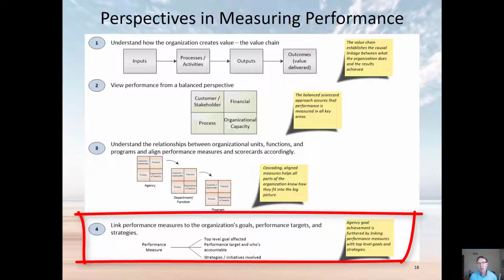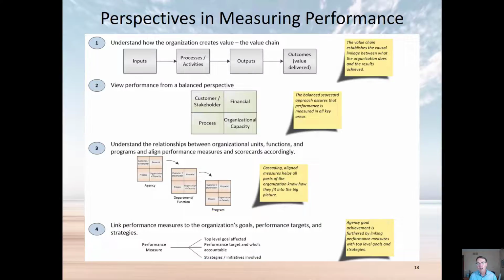You've broken down the performance measure to a target and who's accountable for that, and the strategies and initiatives involved. So it's another set of linkages that an organization may be providing for their measures and the performance targets, linked with the strategies.